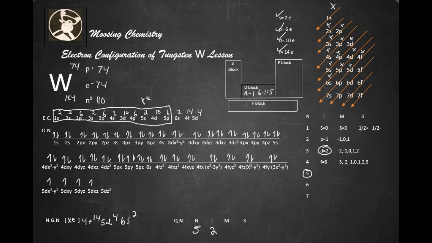The magnetic number is going to be 1, because it's the 4th point over. And our last arrow is going up, so the spin is positive 1/2.